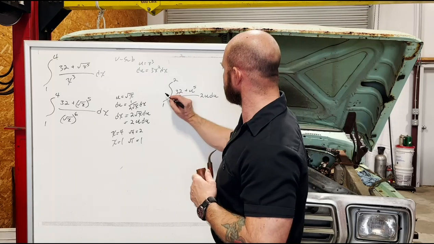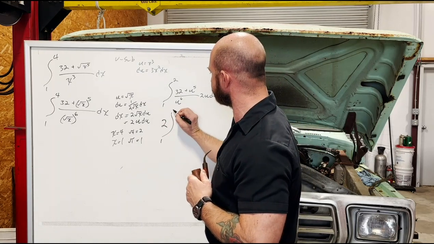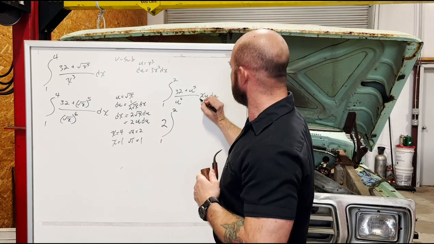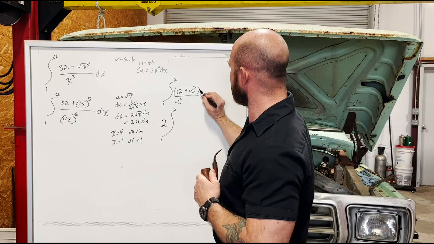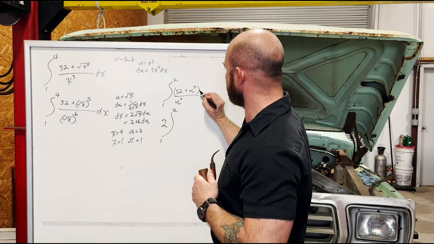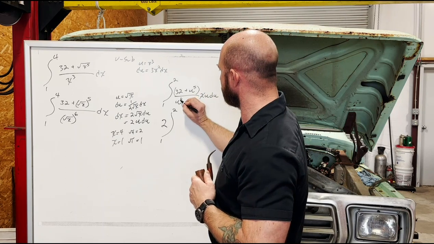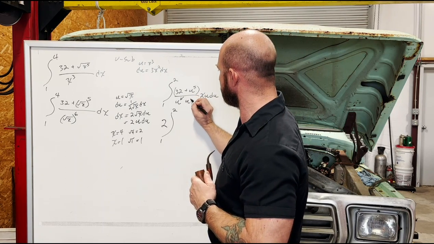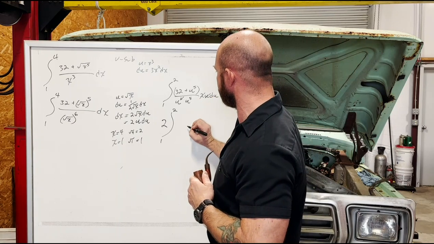Okay, so we can bring this constant out to the front. This u is going to apply to the numerator, but instead of factoring that, we can just cancel out a u from the bottom. So we'll end up with u to the fifth on the bottom.